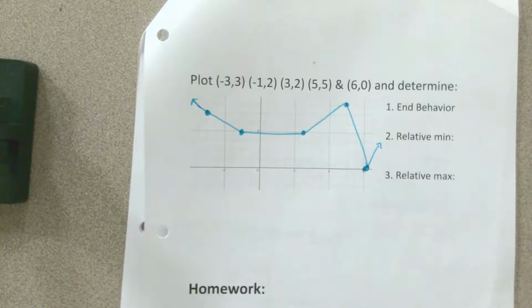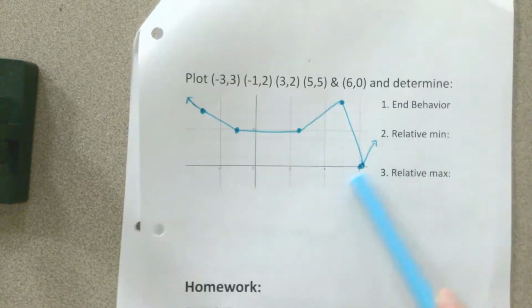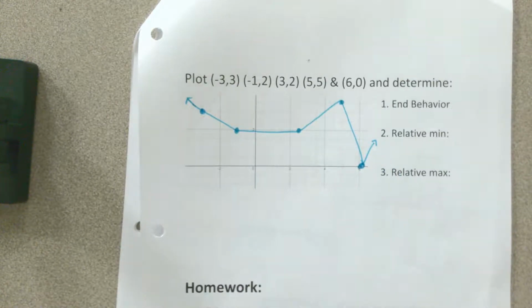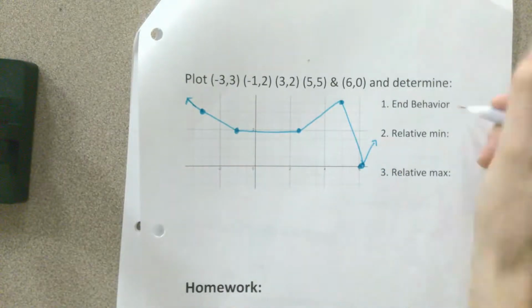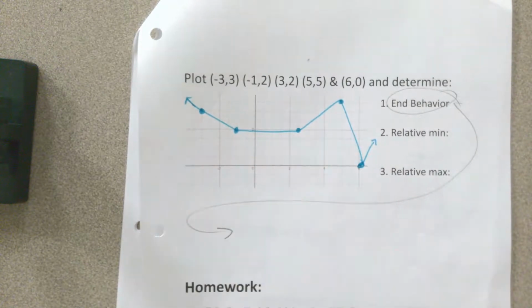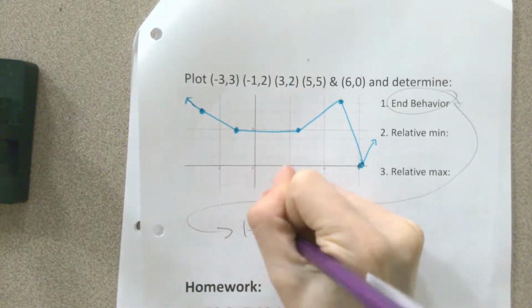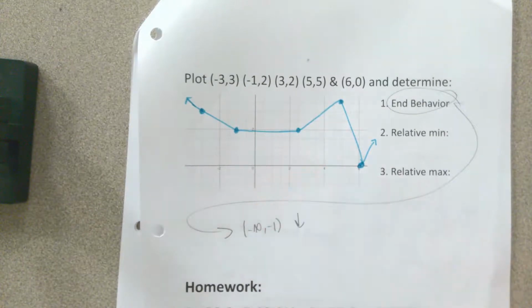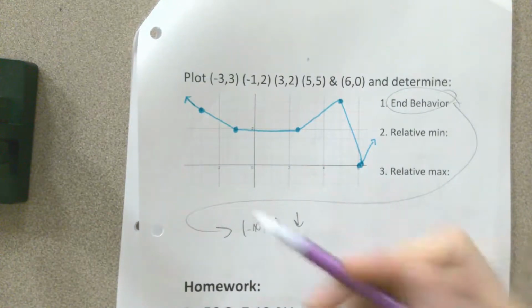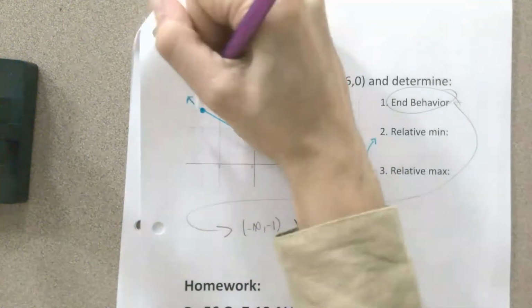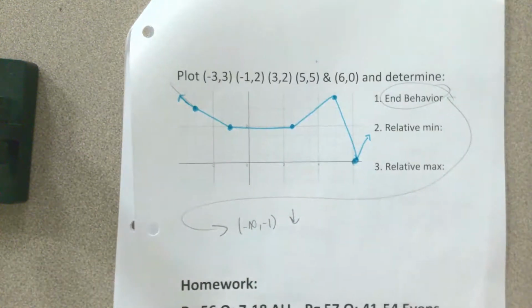Alright, so real quick, I just wanted to go over this crazy example. So determining the end behavior, I'm going to do the end behavior down here because we need some room. From negative infinity to negative 1, our graph was decreasing.